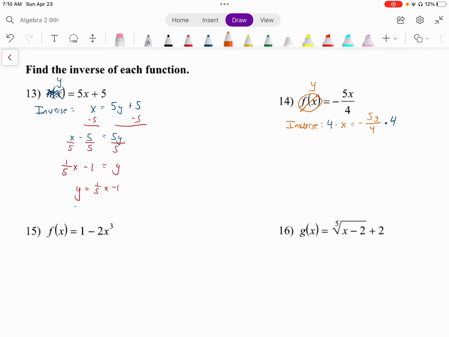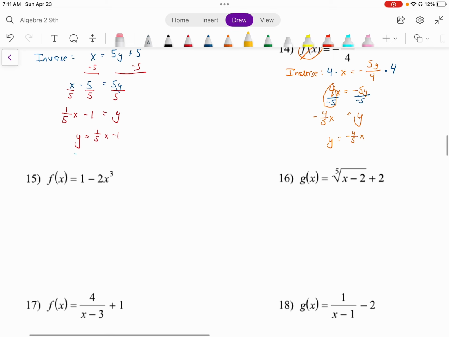And that gives us 4x equals negative 5y. And then we can divide both sides by negative 5. Right from the beginning, we could have just multiplied both sides by the reciprocal, which is actually quicker. I'm putting a negative on the outside there because a positive divided by a negative is just a negative. So y equals negative 4/5 x is our answer.